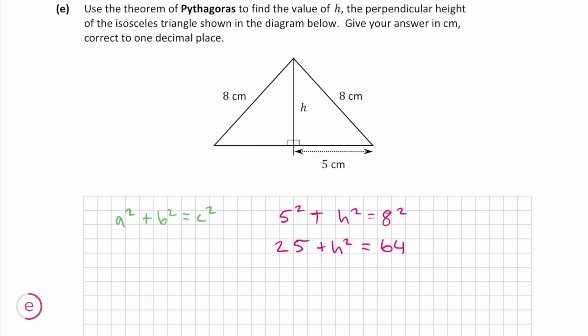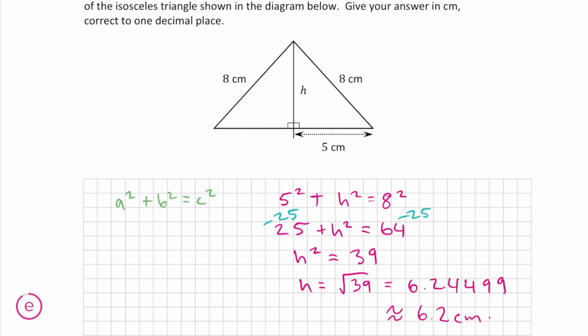Multiplying this out, we get 25 plus h squared is equal to 64. From here, we take away 25 from both sides, leaving us with h squared on its own on the left, and we get h squared is equal to 39. Therefore, h is equal to the square root of 39, which is 6.2 centimeters, correct to 1 decimal place.